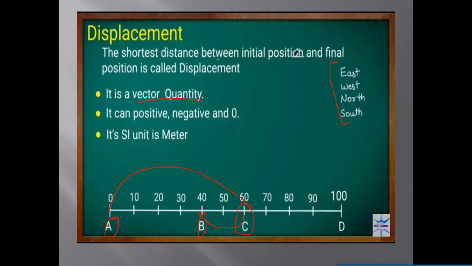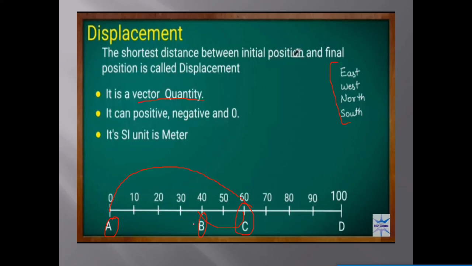According to our definition of displacement, the shortest distance between the initial and the final position. Here we are not worried about the actual path. Here we are mainly concentrating on the initial position and the final position. Where was the object earlier? At position A. And where is the object now?